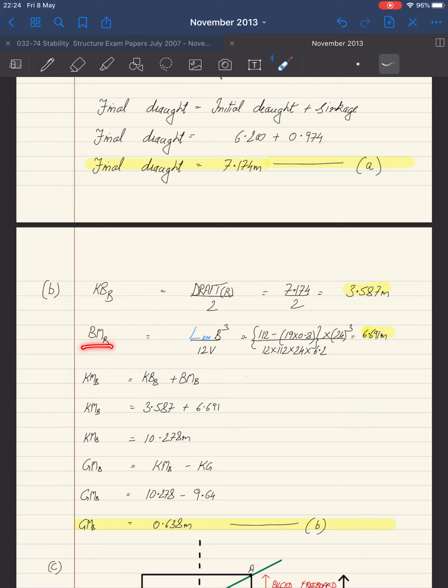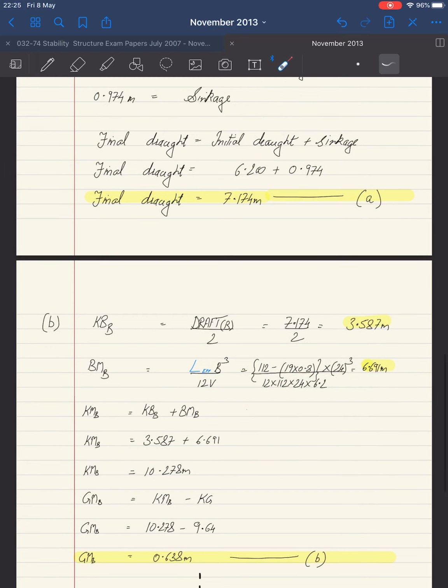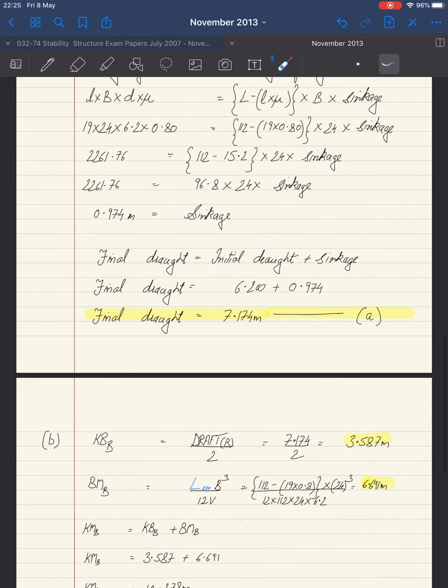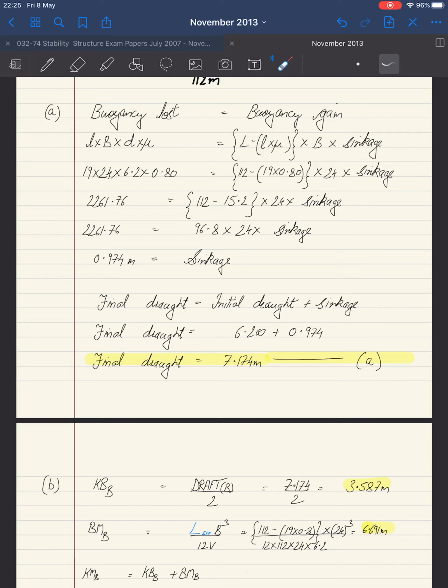Now BM bilged. BM bilged is equal to length effective multiplied by breadth cube divided by 12V. This length effective has been inked in blue so we give the most attention to this part. Length effective is basically the total length of the vessel minus the product of the permeability and the length of the compartment. This value is actually the same as what we used while calculating buoyancy gain.